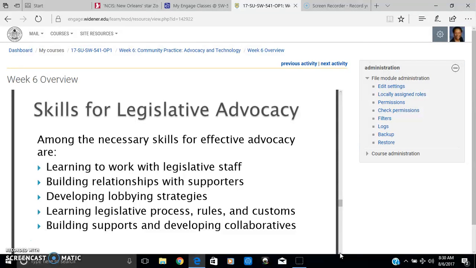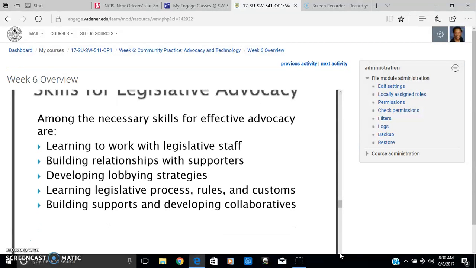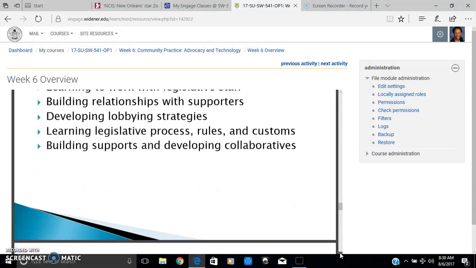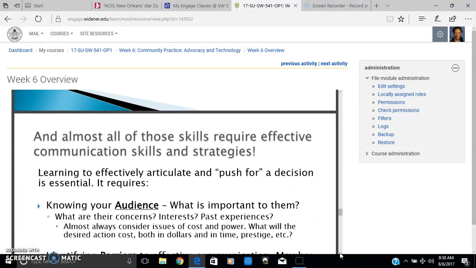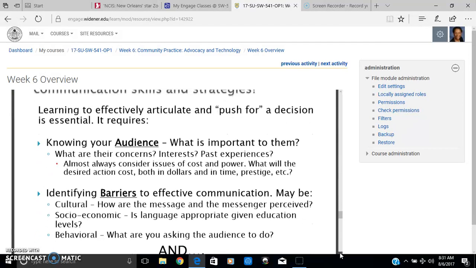What are some of the skills of doing legislative advocacy? You need to work with the staff, build relationships with them, develop lobbying strategies, learning the process, how it works to get a bill passed, for example, and building support and developing collaborations. All of these skills require good communication skill and good strategy. So you need to know your audience.